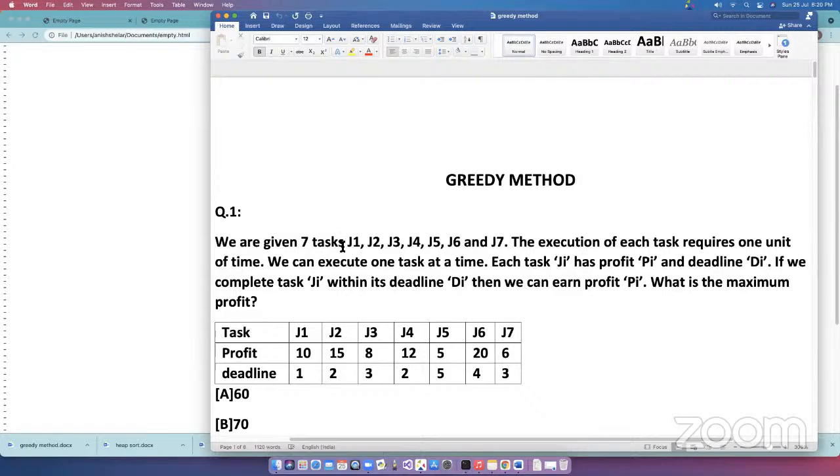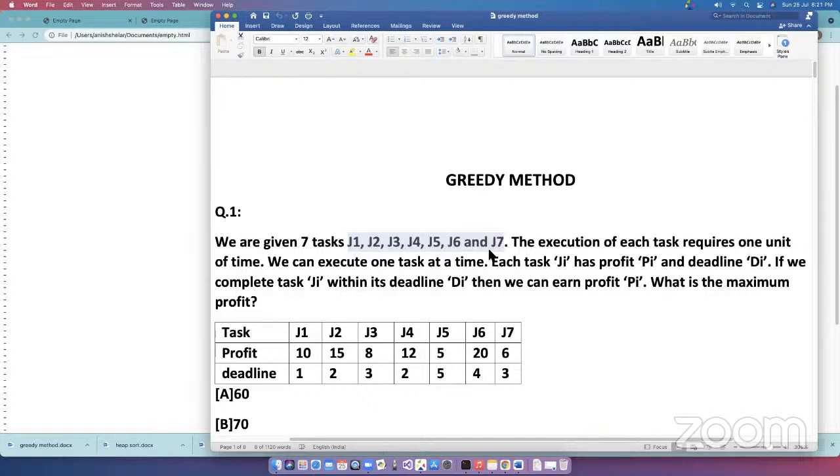So what I was telling, we were looking at question number 1, and what has been given is 7 jobs, 7 tasks.